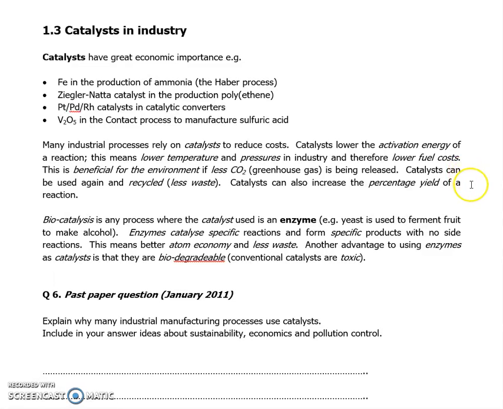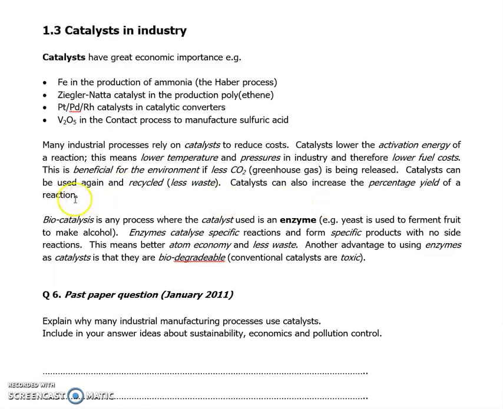If you've got lower electricity costs, then that's beneficial financially, but also less carbon dioxide will be generated, which is a greenhouse gas, because the electricity will usually be made by burning fossil fuels.